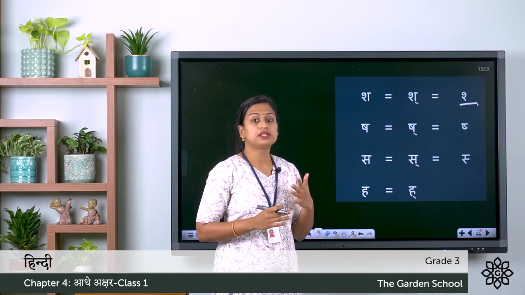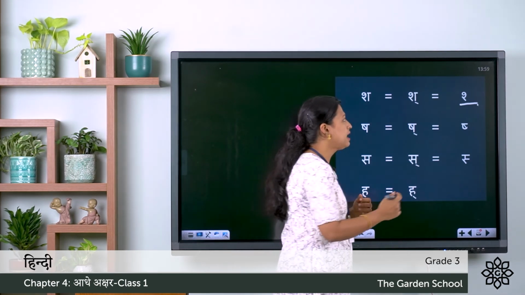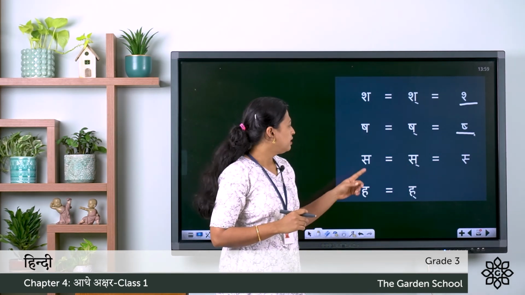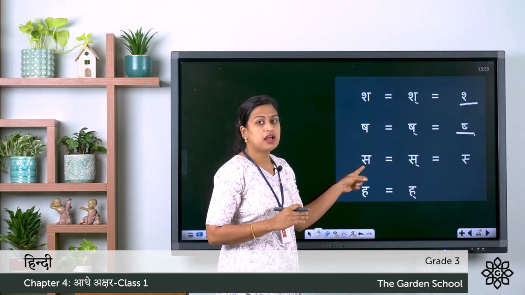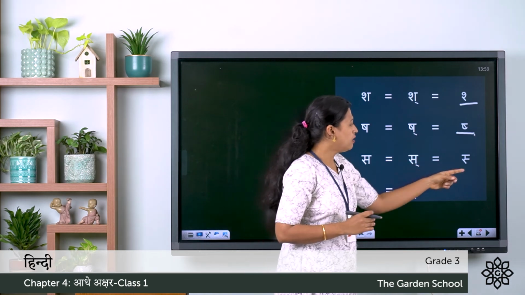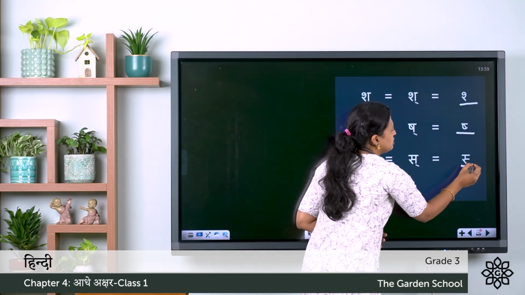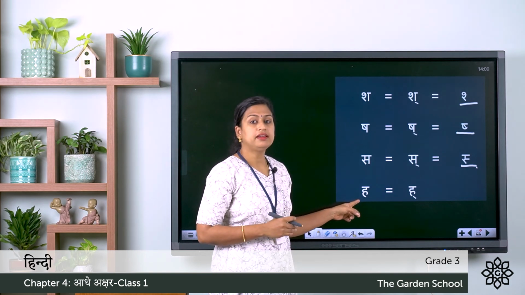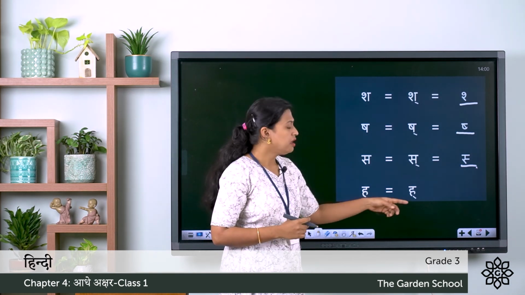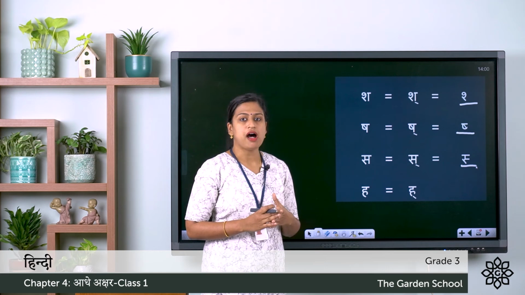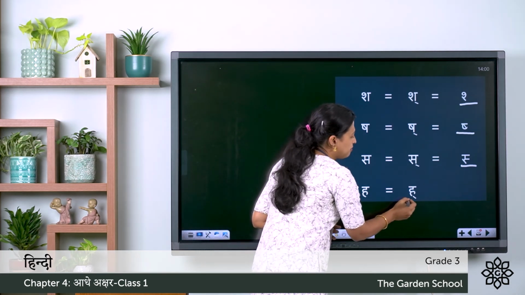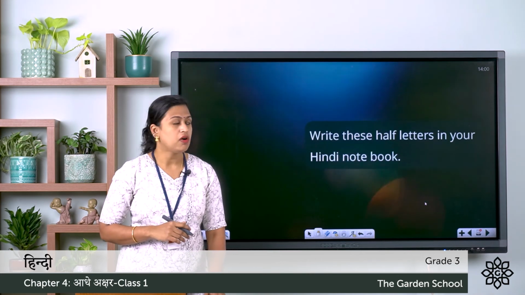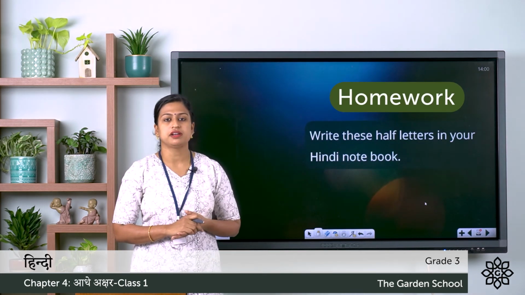Next letter is cha. Cha also has no standing line in the half form. Next Vyanjan akshar is sa. Sa also has no standing line. The next letter is ha, and we write the half form of ha with the halant symbol. So these are the half letter forms of all the Vyanjan akshar.